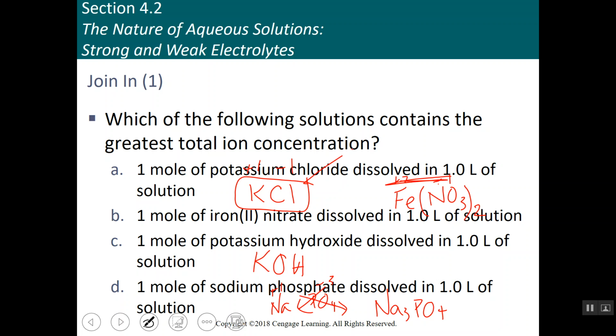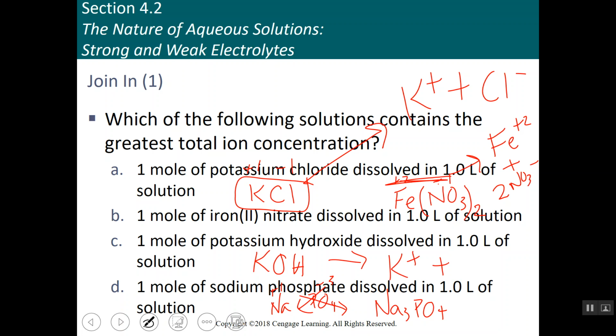So when this breaks apart, it's going to become K plus and Cl minus. When this one breaks apart, it's going to become Fe2 plus 2 nitrates. So this one will become K plus OH. Now remember, those polyatomics need to stay together. And then when this one breaks apart, it's going to become 3 sodiums plus a phosphate.